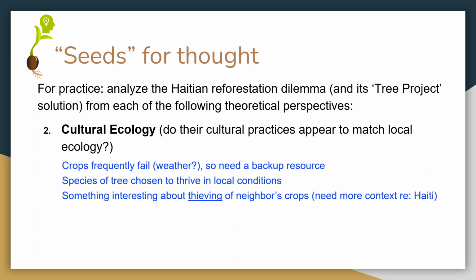And that made me curious about learning more context of Haitian culture related to the perception of private property. And I suspect if we looked into this further, there would be some interesting cultural ecology considerations. So I'm curious what you came up with.